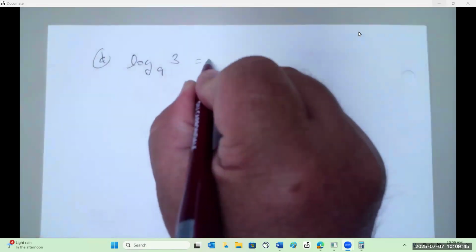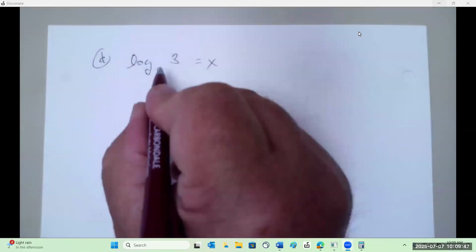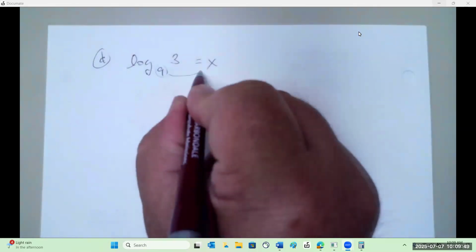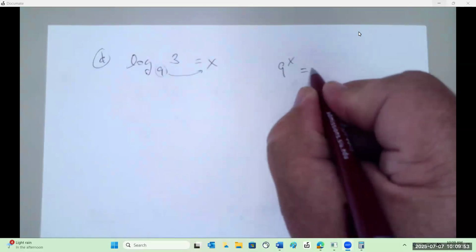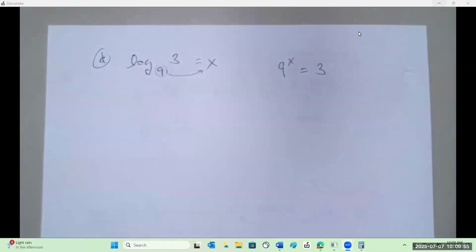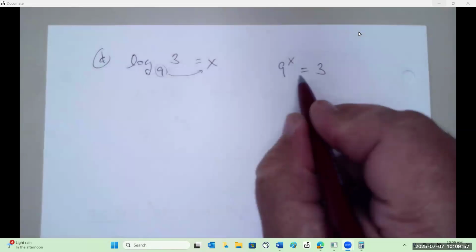Log base 9 of 3. We don't know what that is, so we set it equal to x. Move the base over, so it's 9 to the power x is equal to 3. We have to get the same numbers.